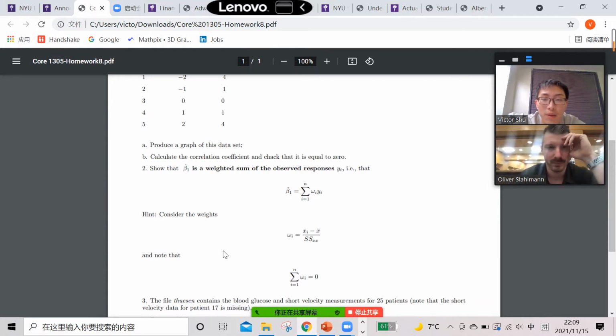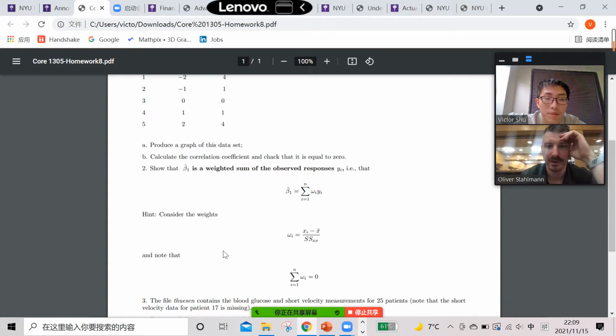One is called the coefficient of determination, and one is called the correlation coefficient. They have a relationship: the small r equals the square root of the capital R squared. So whenever you calculate one, you can very easily get the other.